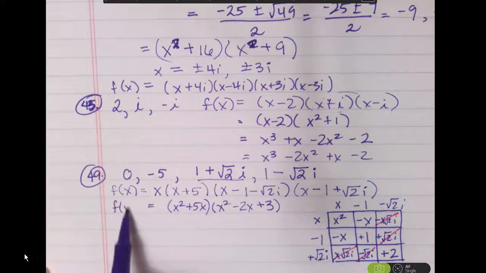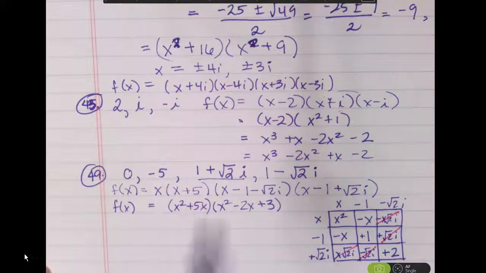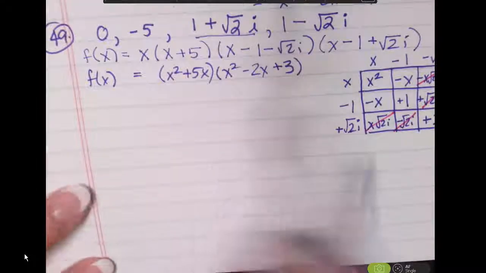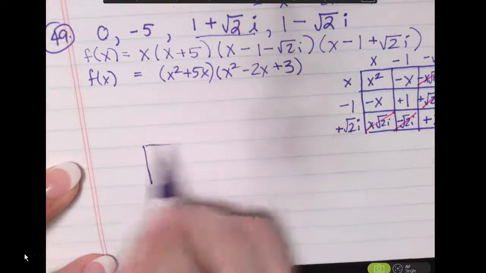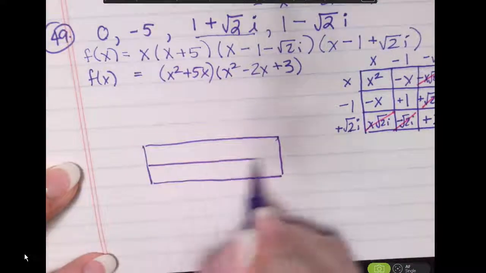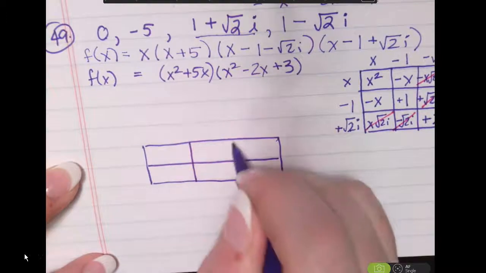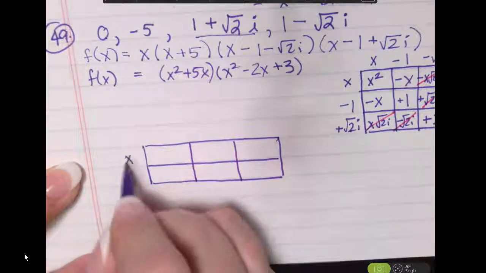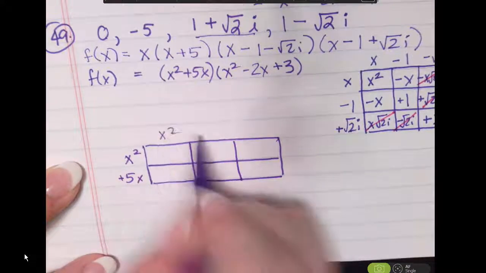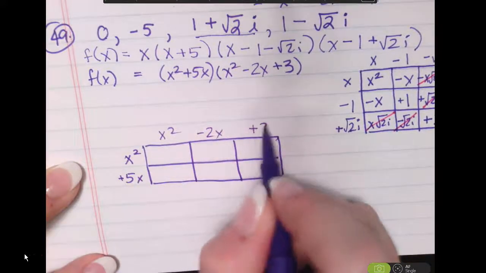So I'm almost there. Now I've got a binomial times a trinomial, and I'm going to go ahead and just do it carefully using the box again, because I think if I'm demonstrating to you guys, it's so much more clear. X squared plus 5x, x squared minus 2x plus 3.